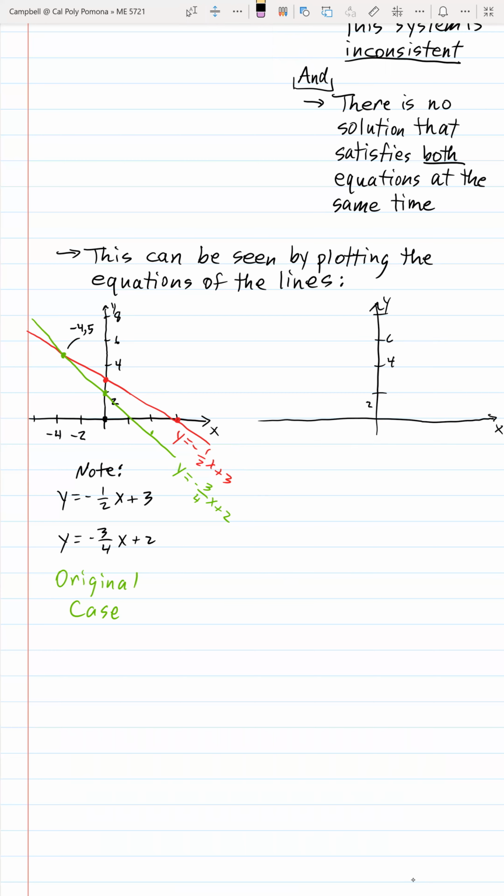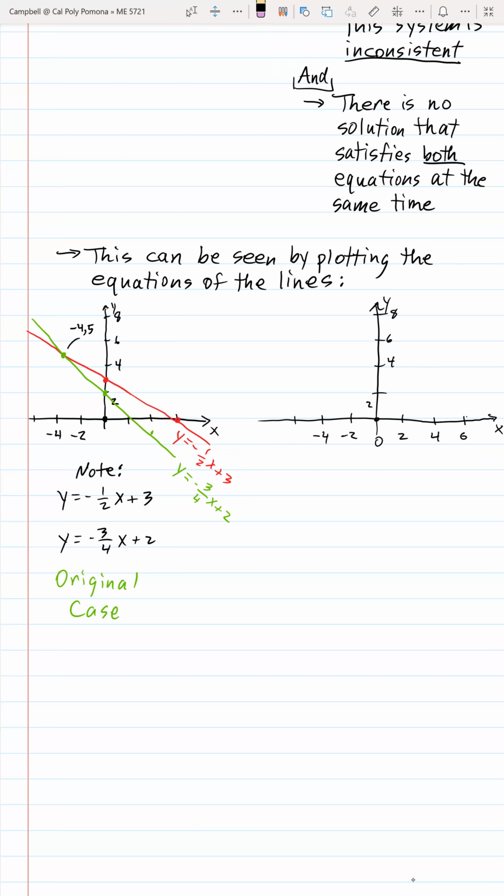And let's get that all labeled up there. And then for our, so that's our y-axis. For our x-axis, we have -2, -4, -6. We have our origin, of course. We have 2, 4, 6. And what do we have in this particular case?